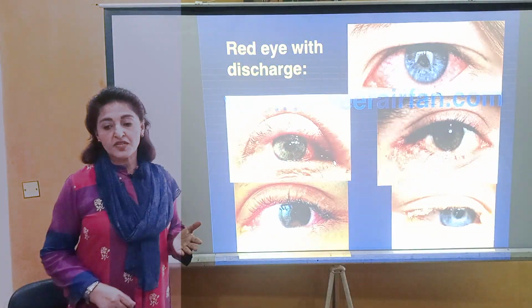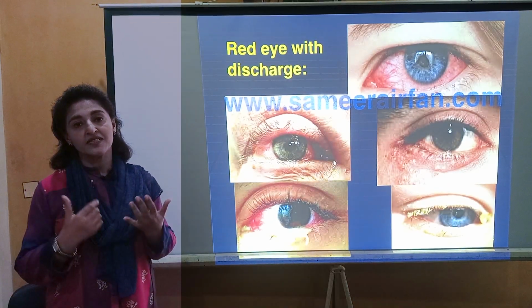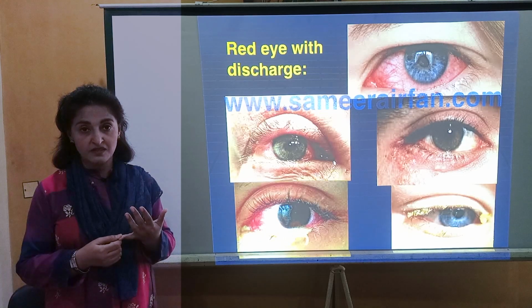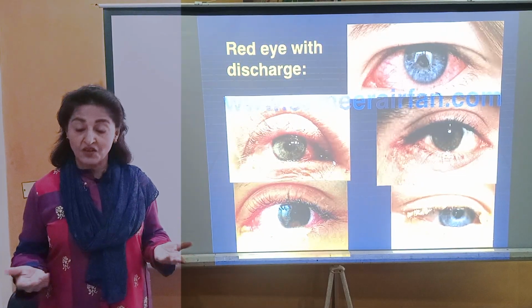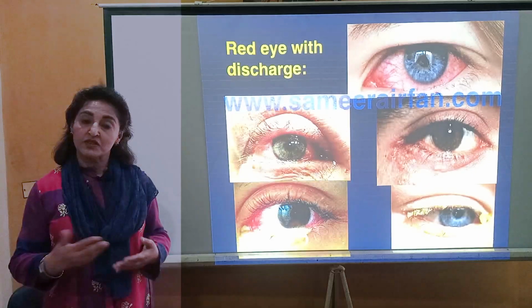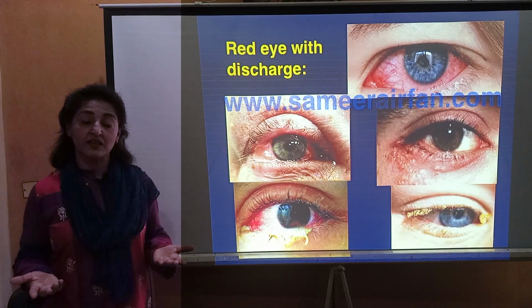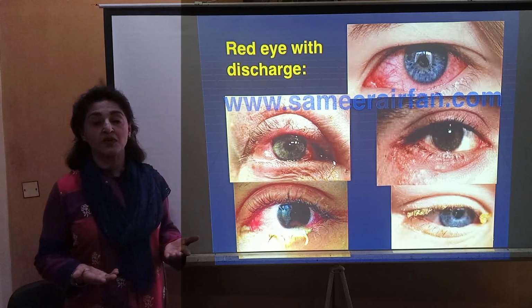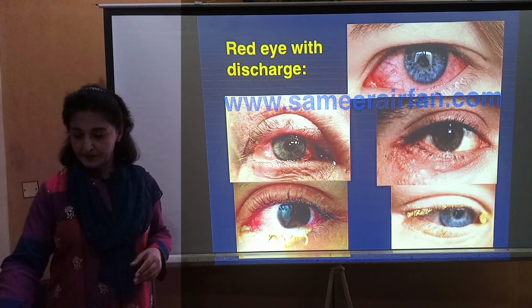So when a patient comes with a red eye, you have to decide whether it is a bacterial conjunctivitis, a viral, chlamydia, or is it allergic. So the treatment of all these conditions is different, or it's only the red eye is due to a dry eye, due to a tear film instability.